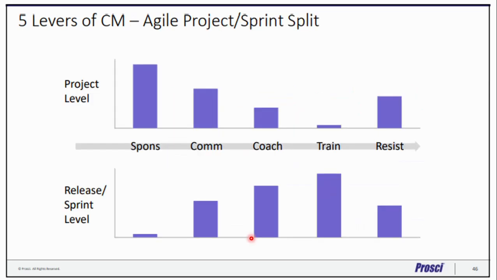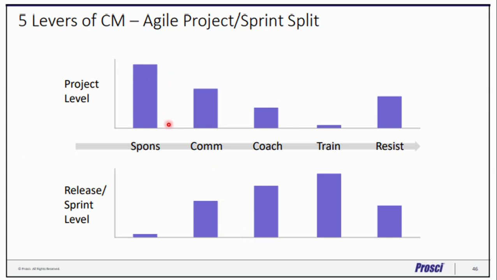So when it comes to agile, again splitting into project level and the sprint level or the release level. Supporting sponsors is more at the project level, because you are coaching them and getting your BU heads involved at the product backlog level. This is where you try to understand the new features and the new functionality that is required.